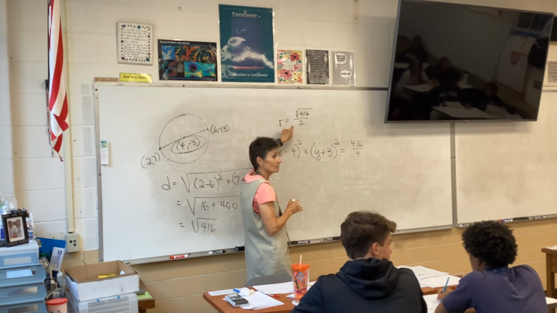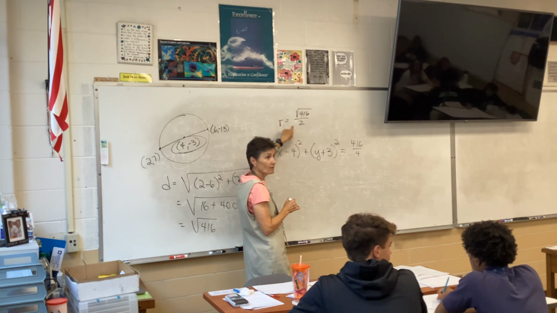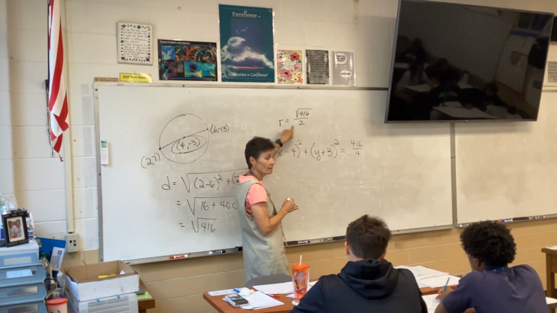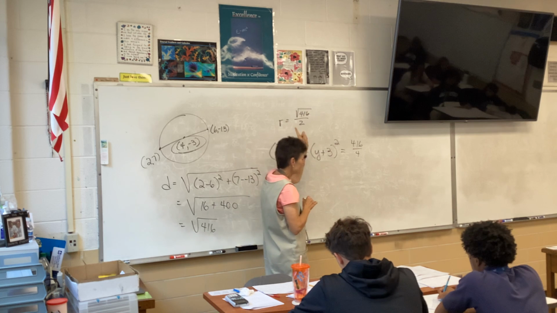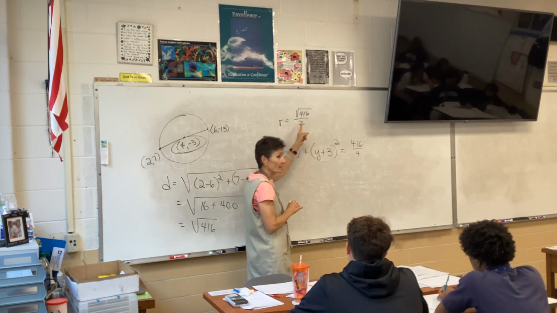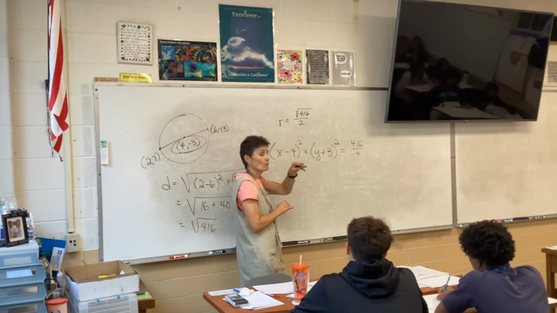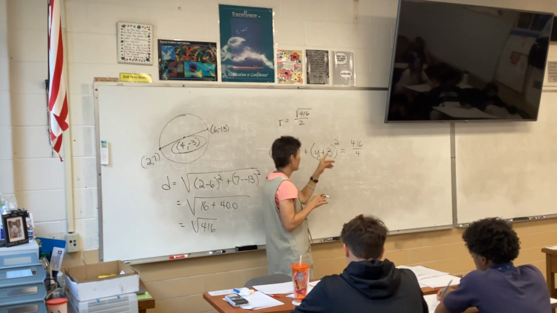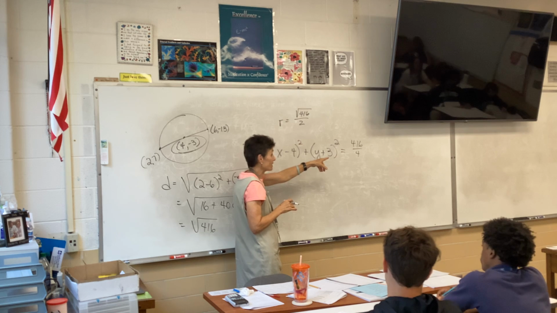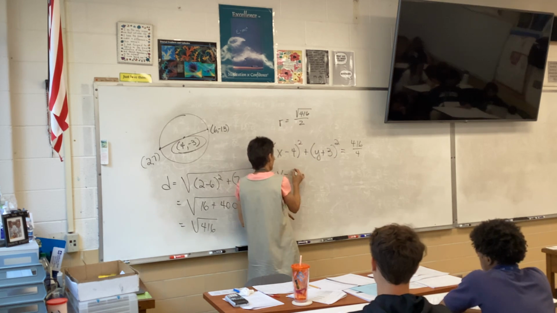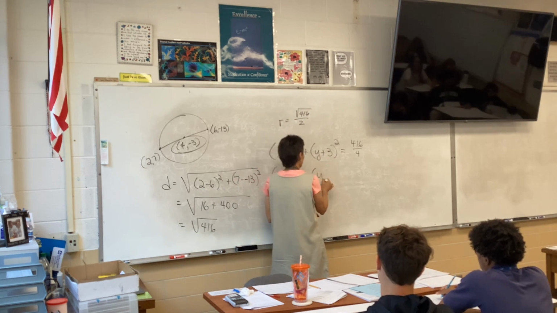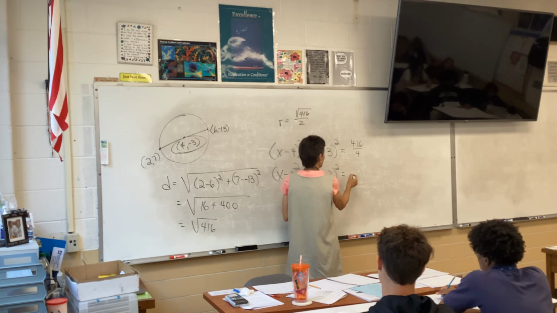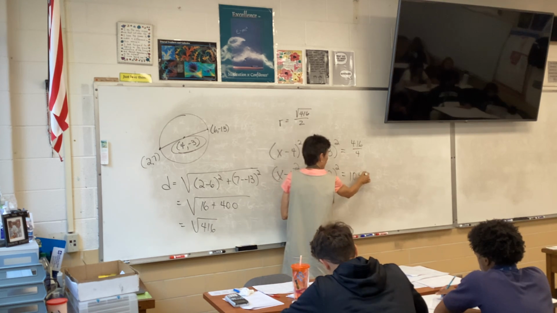No, you square the whole thing, r squared. Now, this is the reason I didn't break that radical down, because I knew when I wrote my equation, the radical was going to be gone anyway. So now I can just simplify that. (x minus 4) squared plus (y plus 3) squared equals 104.